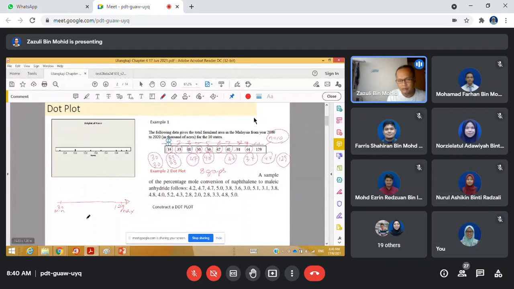Okay, this is the rough figure here, but we cannot draw the graph using this value. Okay, you can draw it like this. Maybe the minimum you can put as 0. The maximum you can write as 130.